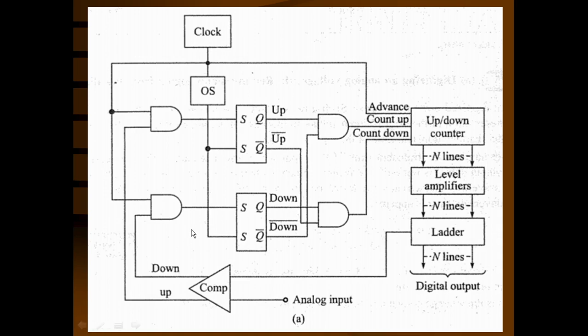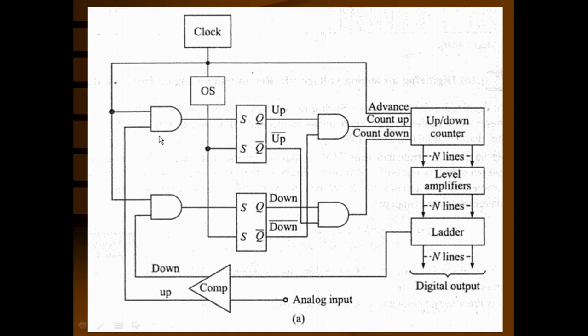But in this comparator, instead of a single output, we now have two different outputs. An up output is there and a down output is also there. So whenever the ladder output voltage is lower than the analog input voltage, or the analog input voltage is more positive compared to the reference voltage or ladder output voltage, then the up output line is going to be high and the down output line is going to be low.